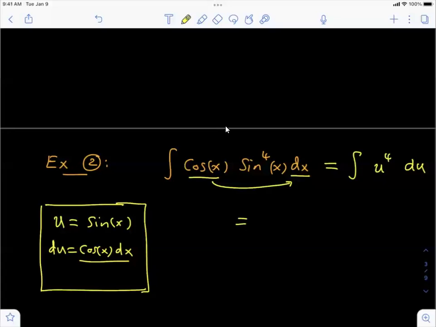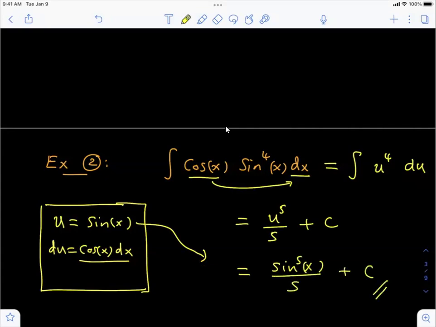So now simplify, and this is going to be u to the 5 over 5, then plus c. And then don't leave the answer in that form. Convert it back to the original function. Sine to the 5 over 5 plus c. It's that simple when you understand the process.